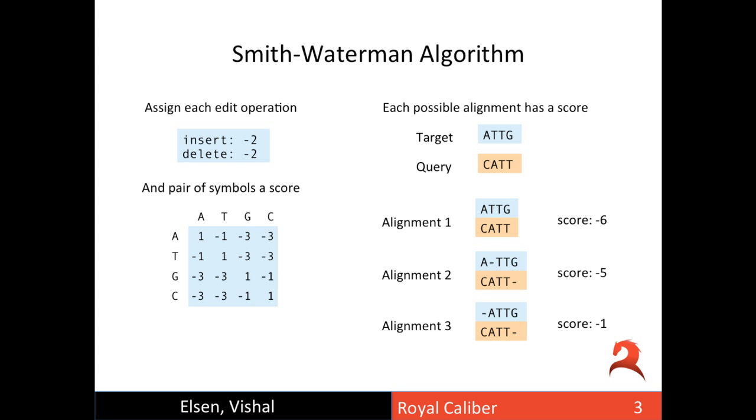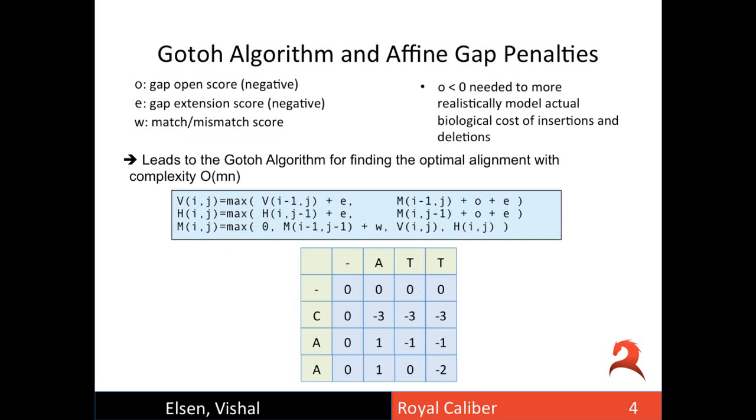But it turns out that to really score biologically accurately, we need to do something a bit differently. And what we want to do is penalize when we start a gap. So when we either create an insertion or a deletion, we want to penalize this more heavily than just extending a gap. And one of the reasons for this, for example, is because DNA codes for amino acids in triplets.